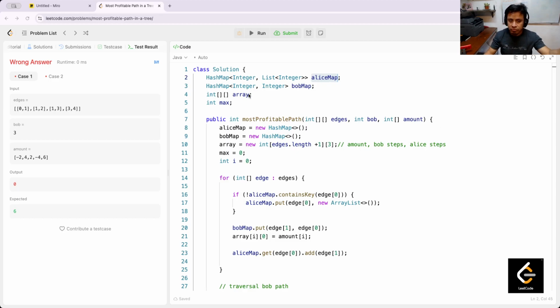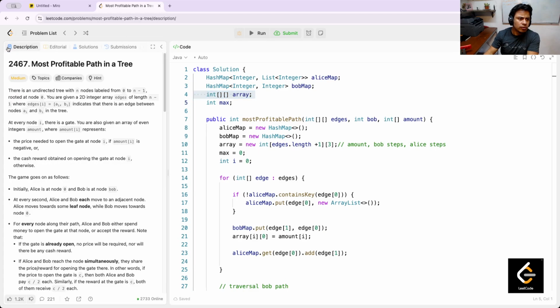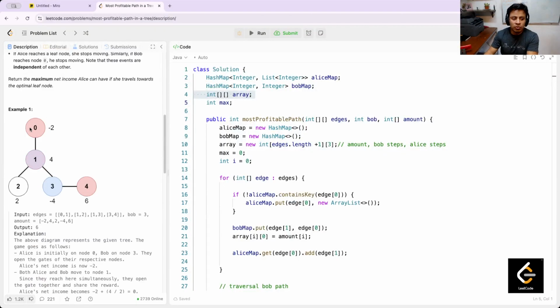Now, this array is of size 3. For example, take node 1. What is the value? The value is minus 2. This is the first slot in the array, because it has three dimensions. Index 0 is the value: minus 2, 4, 2, minus 4, 6.